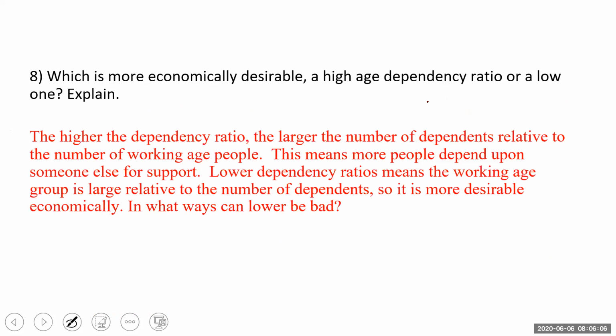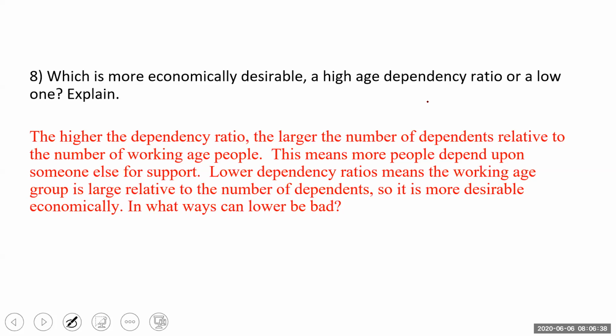So basically, this is the economic interpretation: which is more economically desirable, a high age dependency ratio or a lower one? Now, the higher the dependency ratio, the larger the number of dependents relative to the number of working age people. Now, in an economy, we expect that people who are active and working should be more, right? So that we can generate more income or more taxes for the economy.